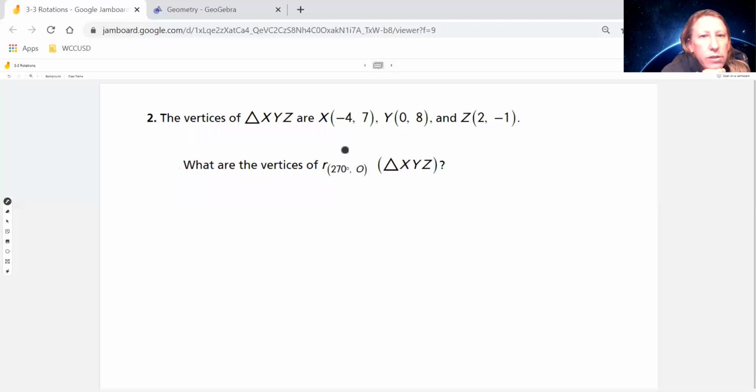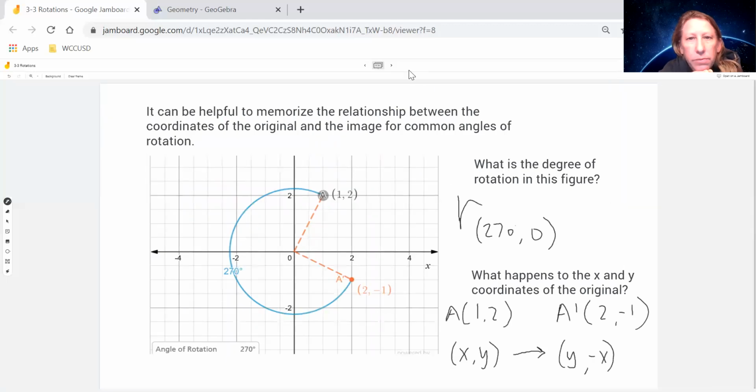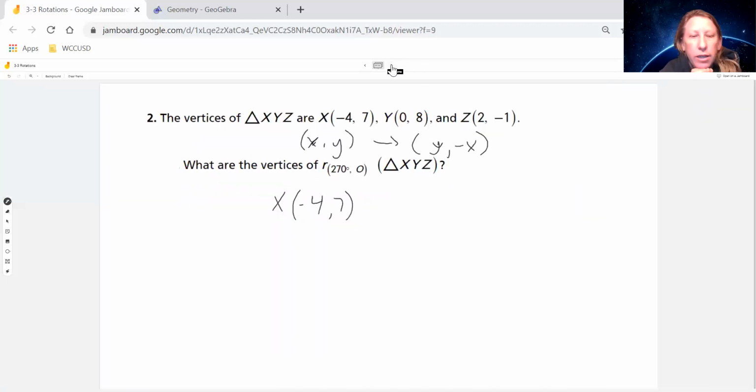Okay, let's practice it. So we have X at (-4, 7), and for the 270 degree rotation, I just wrote it on the last one, but you're going to switch the Y, put the Y in front, and make the X the opposite. You can look at it. Just double check.